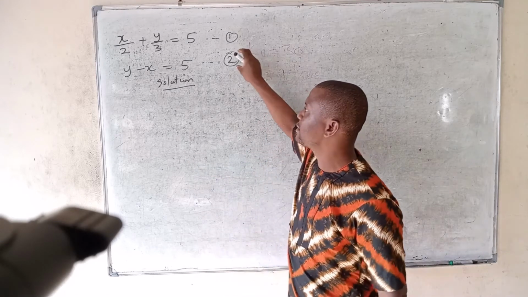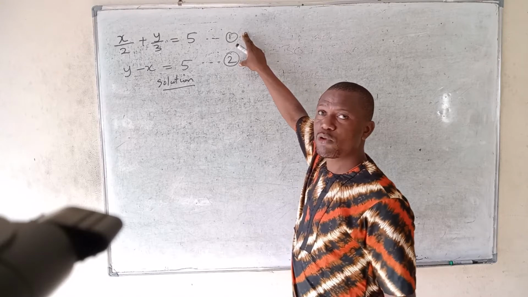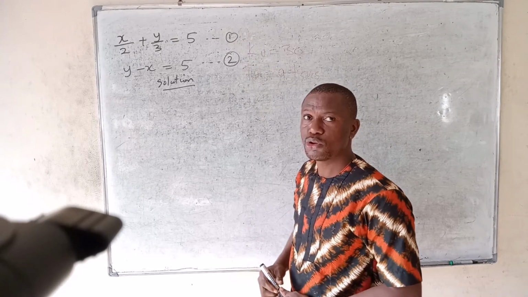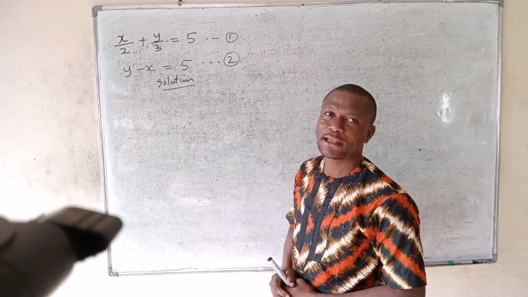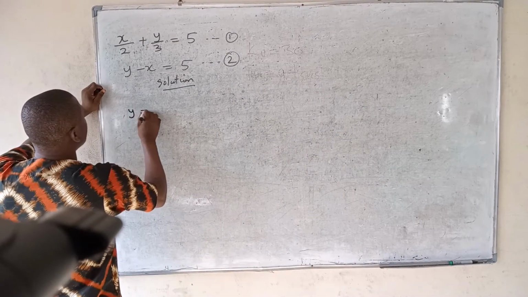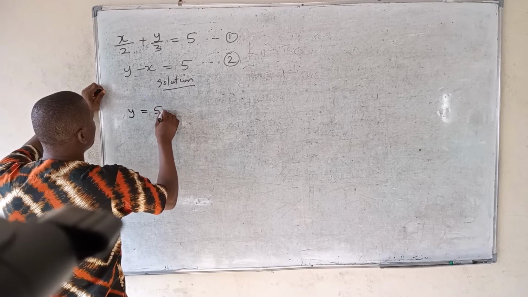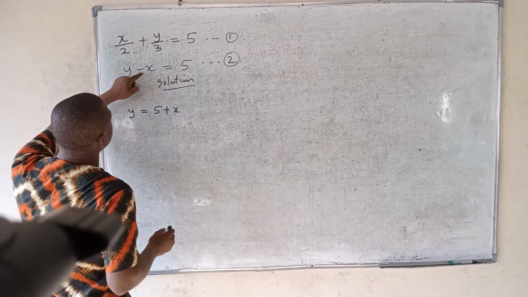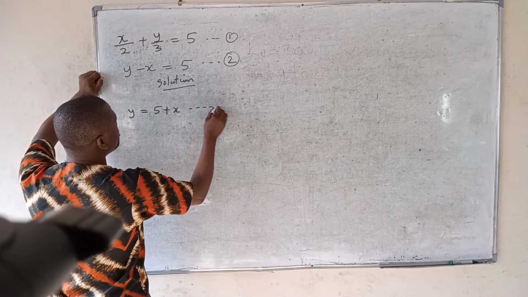So if you look at these simultaneous equations, from equation 2, we can make y the subject of the formula to have y equal to 5 plus x, because when this x crosses, it becomes positive.